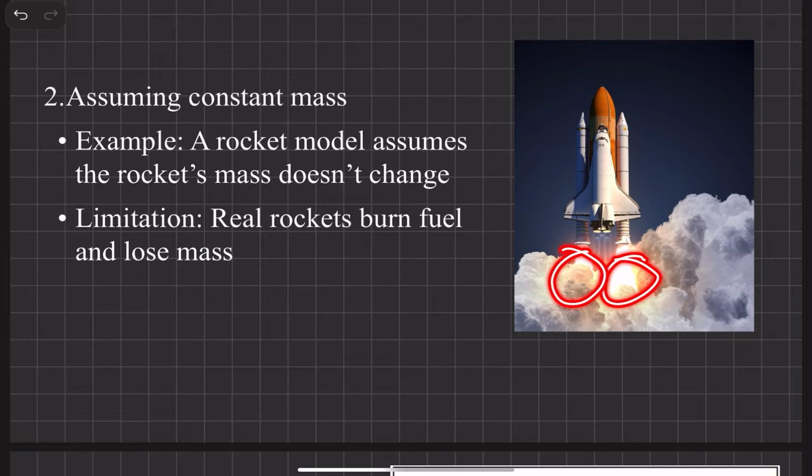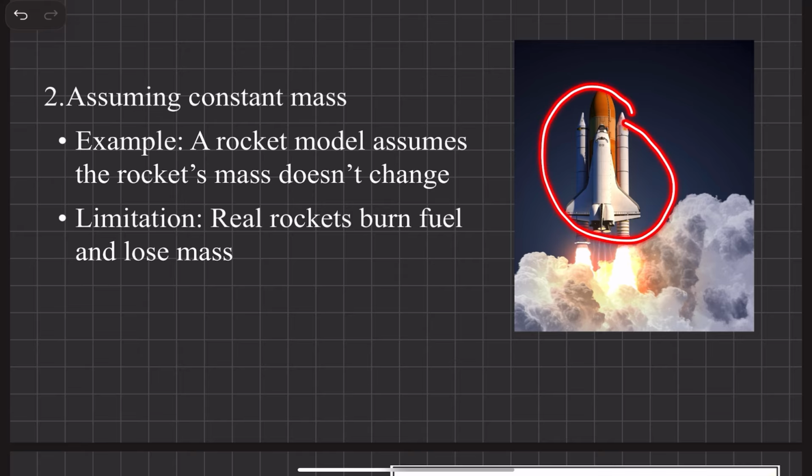All of this gas does have mass. And we know that's definitely the case because as it's burning fuel, the tanks will empty. And an empty tank definitely has less mass than a full tank. So rockets are a real good example of a situation where the mass of an object is actually changing while it's going.